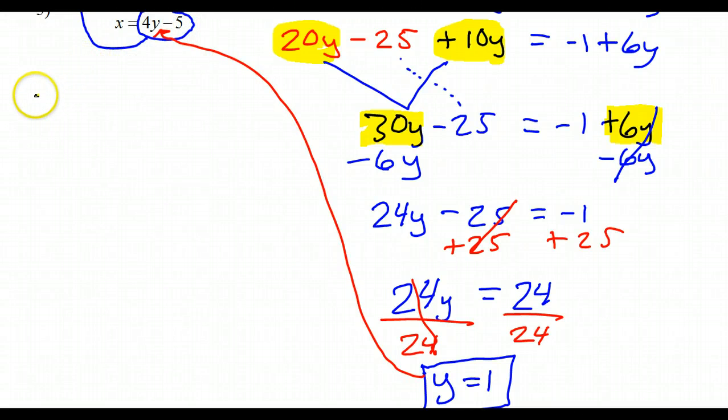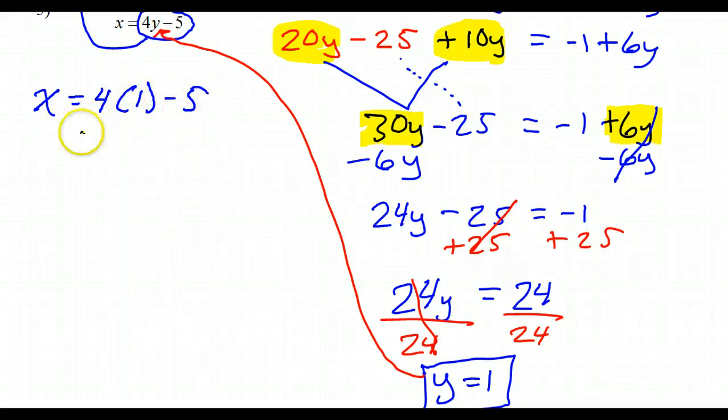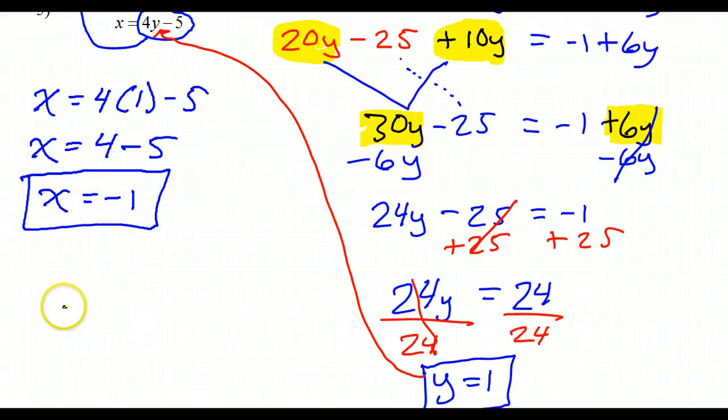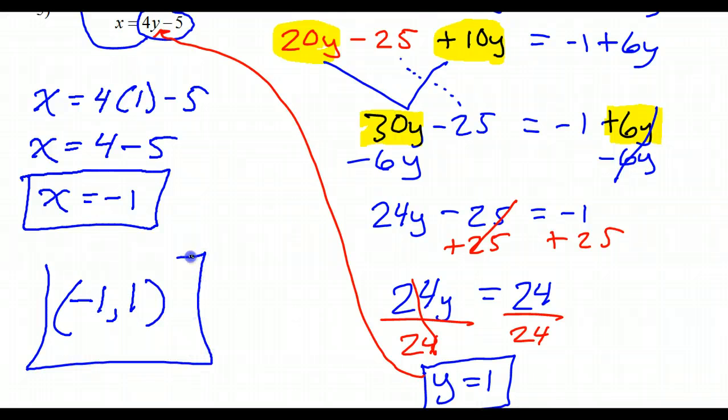So that's going to give me x equals 4 times 1 minus 5, which of course is just 4 minus 5, which is -1. So that is the other half of my answer. So as an ordered pair, I would have -1, comma 1. And that is the answer to number 5.